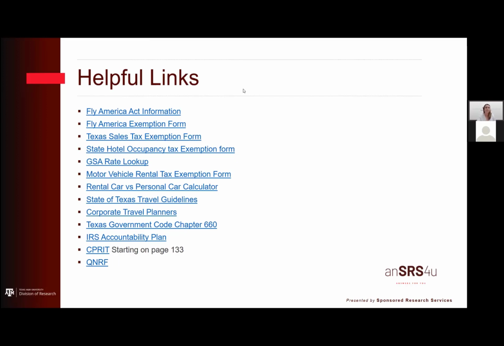Got one more that's come in. Am I required to use a rental car if traveling on state funds? Okay, I'm going to let Kathy answer that one. There's no problem. If you don't want to use a rental car, you can choose to use your personal car. However, you can't claim the full 56 cents per mile.